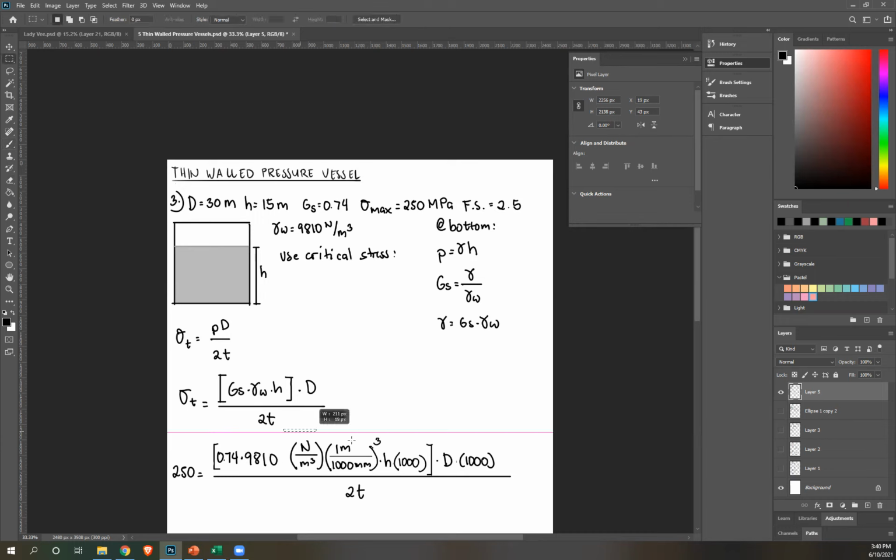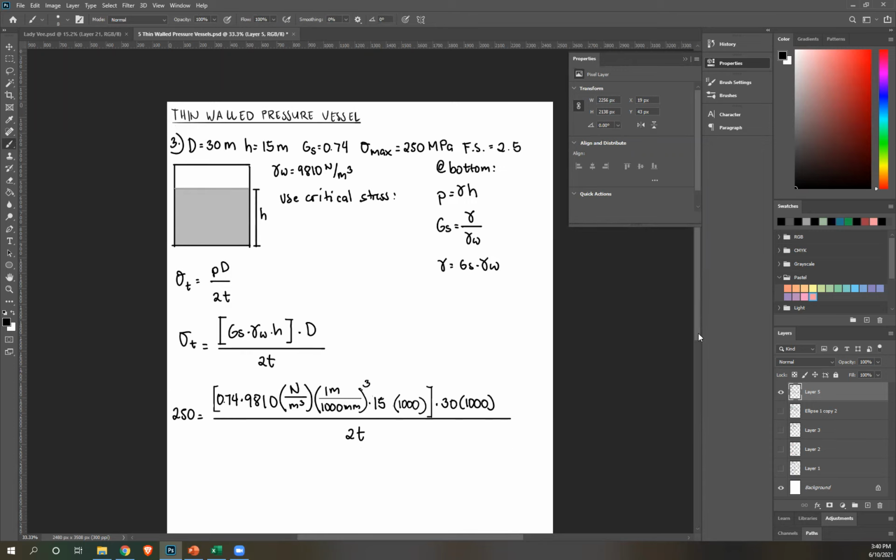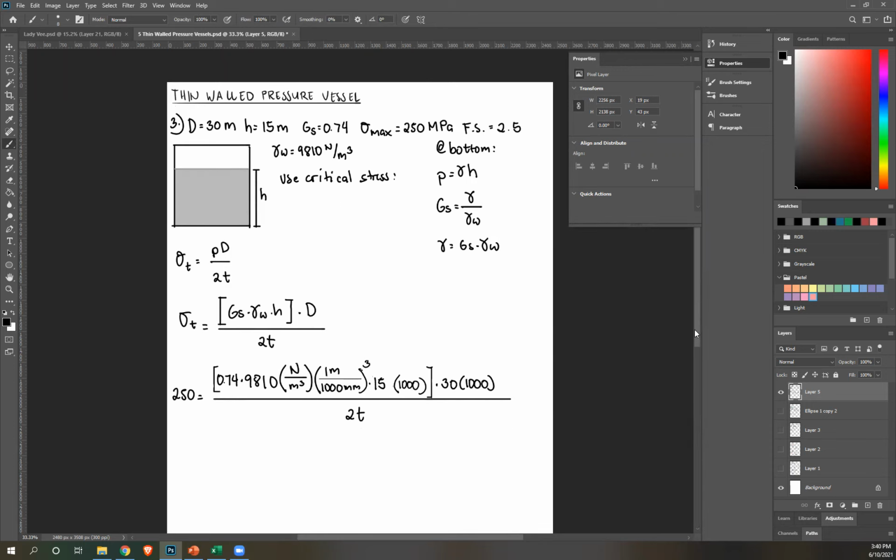Conversion factor for the unit weight, meter to millimeter, and then multiplied by H, which is 15 meters, convert to millimeters, multiplied by diameter D, which is 30 meters, convert to millimeters. So now that we have that, we can solve for T. Please solve. What's T?